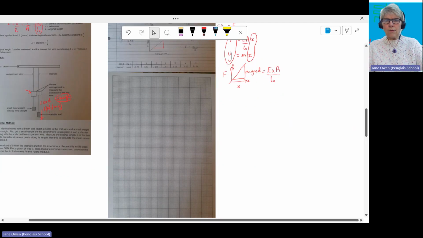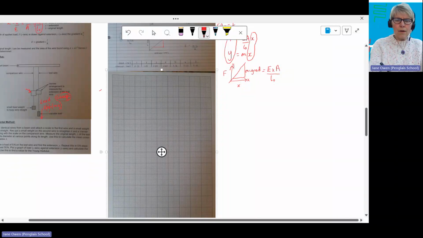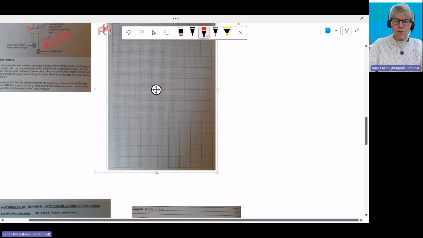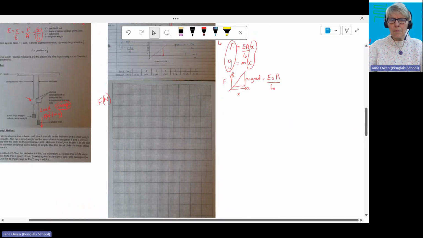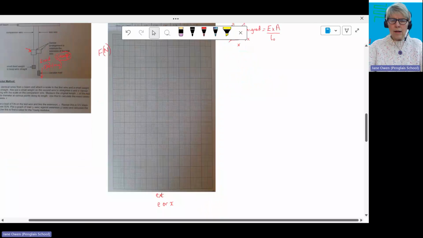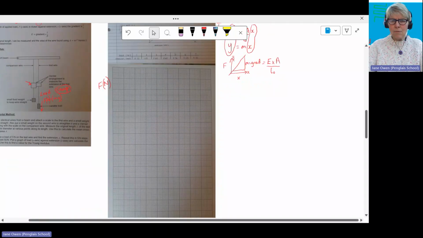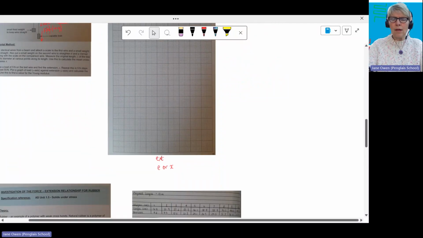So looking at this, if we put F, and don't forget the units of F in newtons, against extension along here, you can either use E or X, and remember extension is in millimeters here that we've measured, so we're going to have to take that into account.